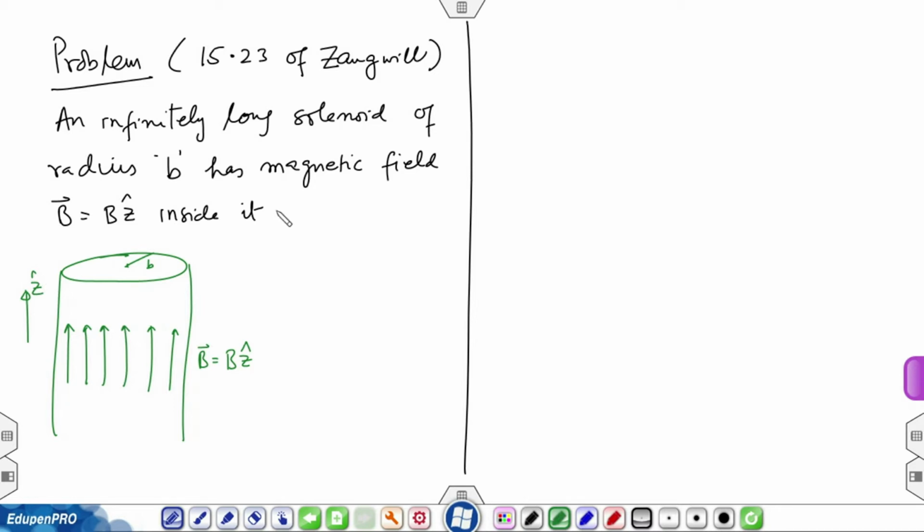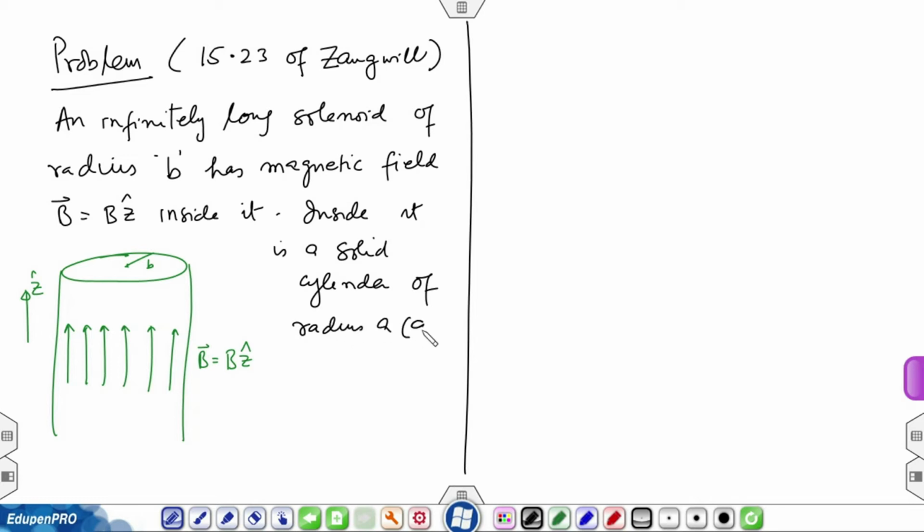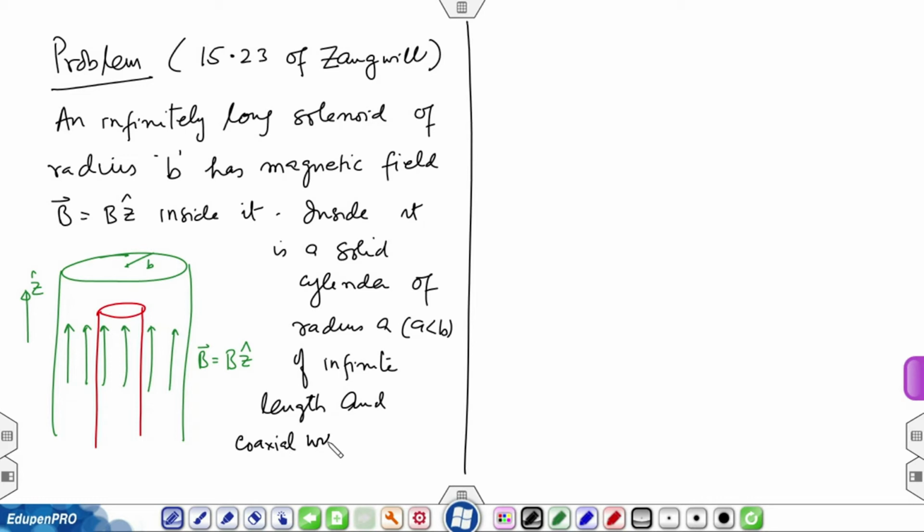Inside it is a solid insulating cylinder, so that it can carry charge density, of radius A less than B. So, inside it I have a solid cylinder again of infinite length and coaxial with the solenoid.